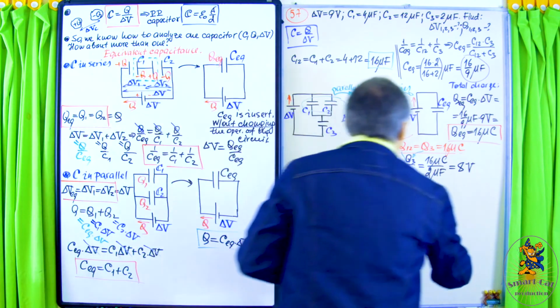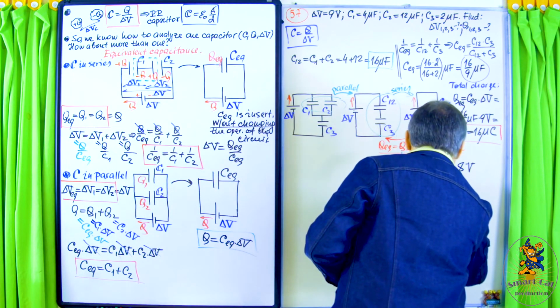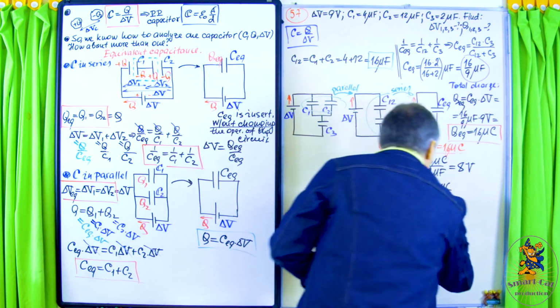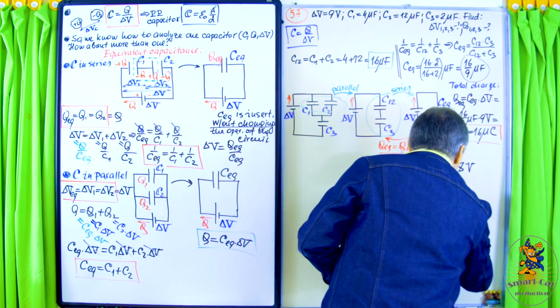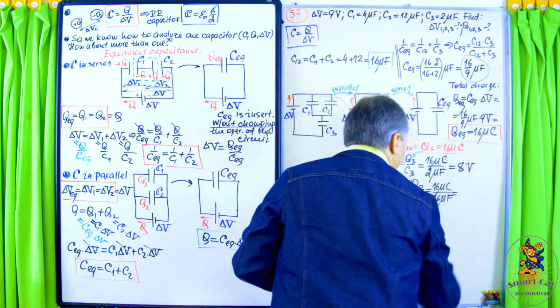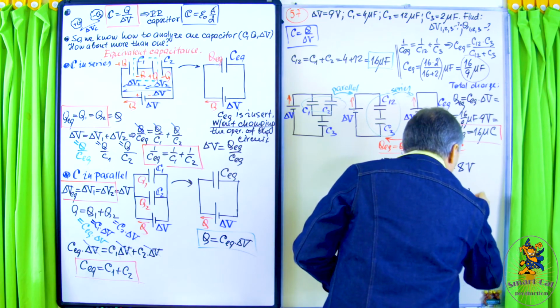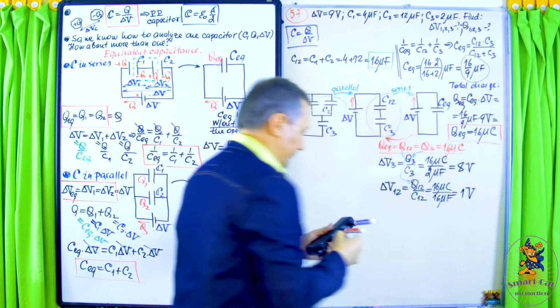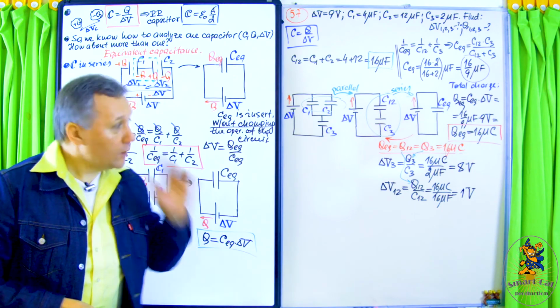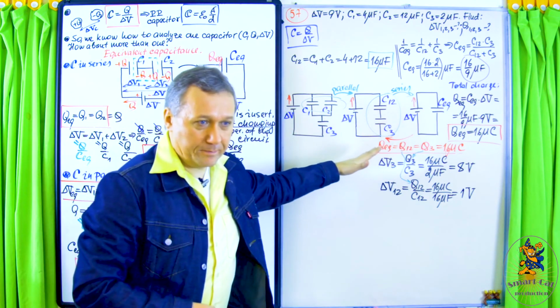So Q12 is 16 microcoulombs divided by 16 microfarads. As a result, you will end up with, okay, let me step away slightly, 1 volt. Okay, so we extracted everything that we can from this bridge.